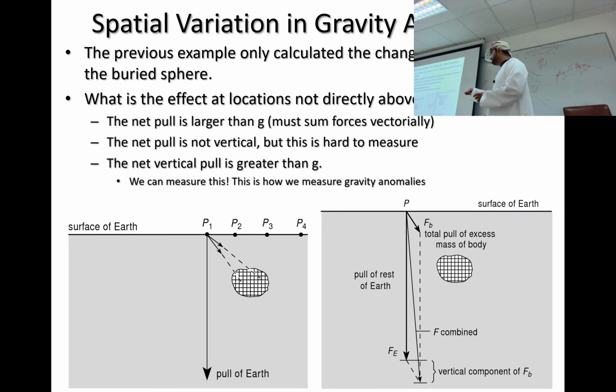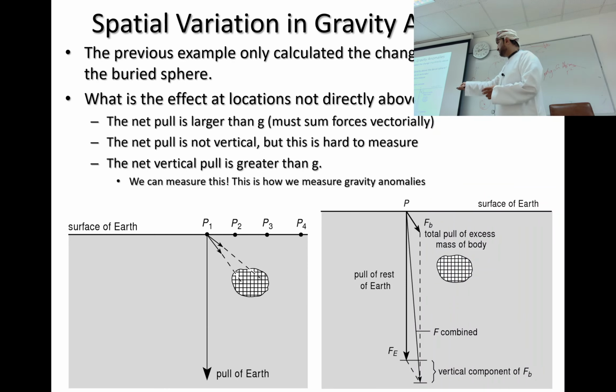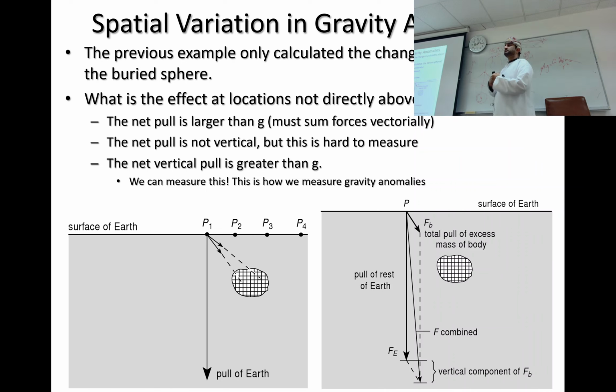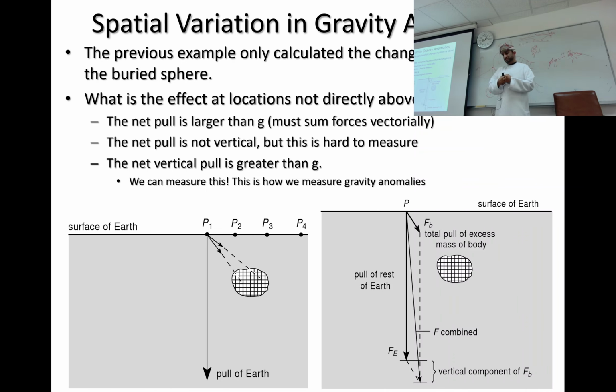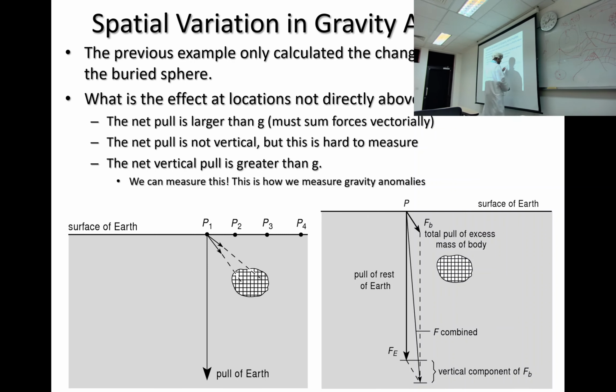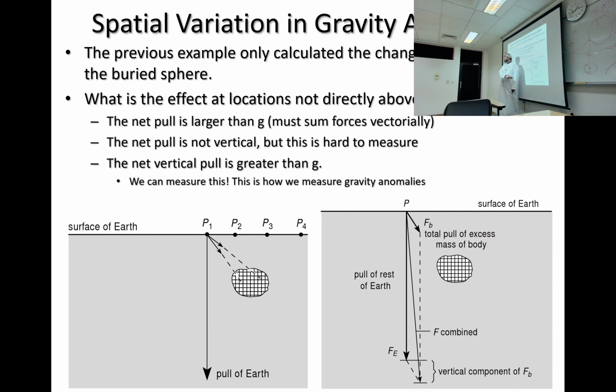Do you think this body here to the side will have an effect on the reading at P1? Will it increase the overall downward G? Yes, it will, because this is the original Earth. This is the original G due to Earth.